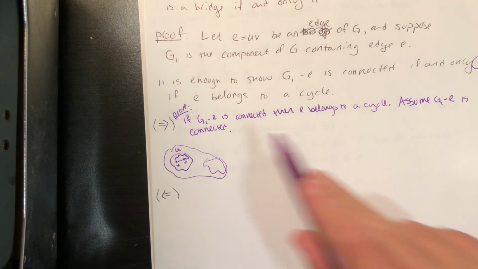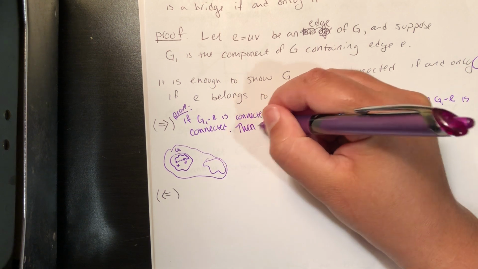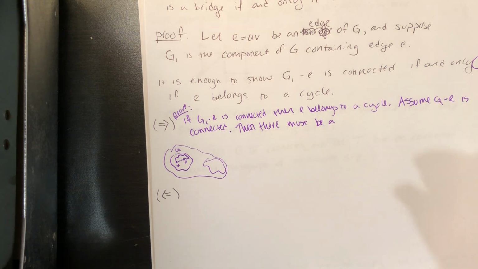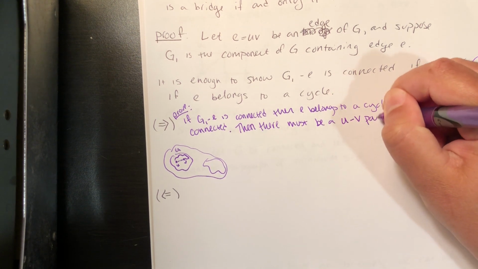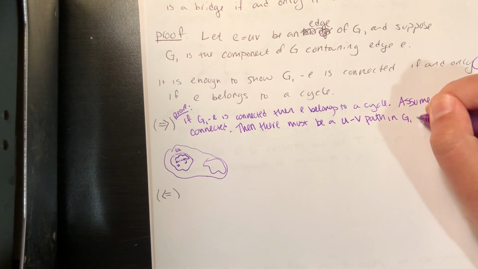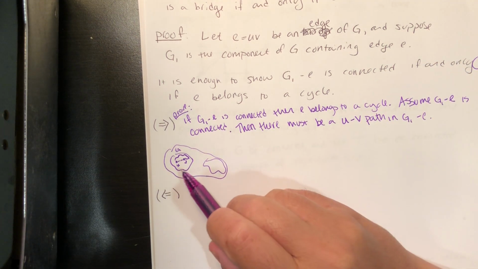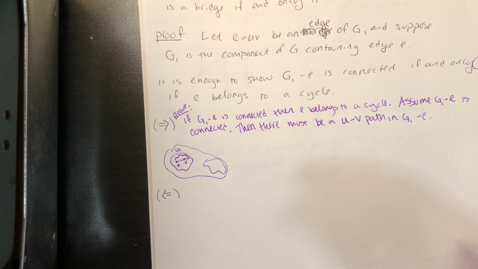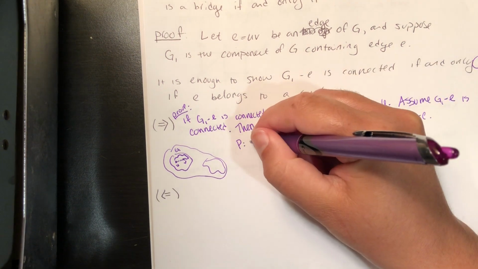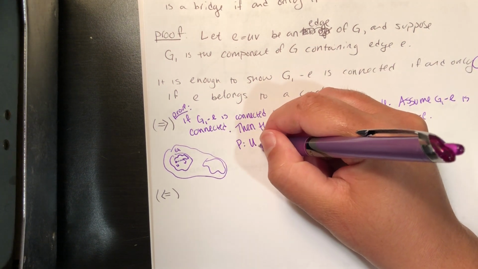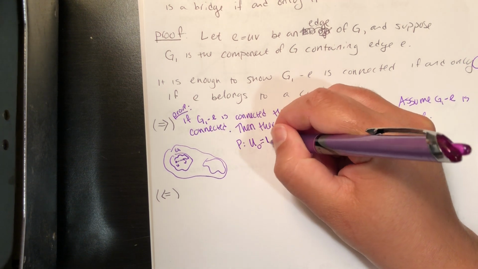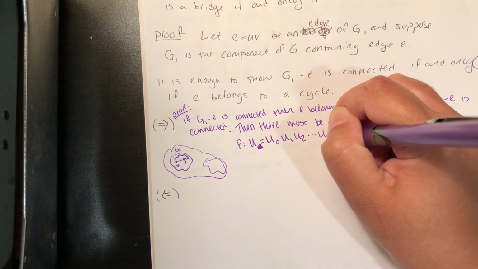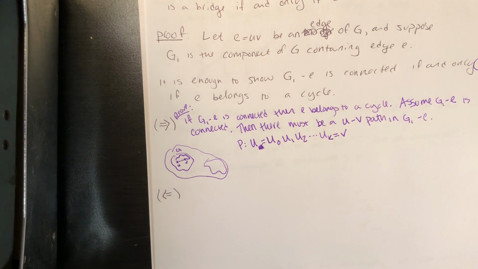Because G1 minus E is connected, there must be a path from U to V in G1 minus E. You have to be able to get from U to V in this graph G1 where we've deleted the edge E. Let's call that path P. So let U be equal to U0, then we have U1, U2, all the way to some UK, and that last UK is equal to V.